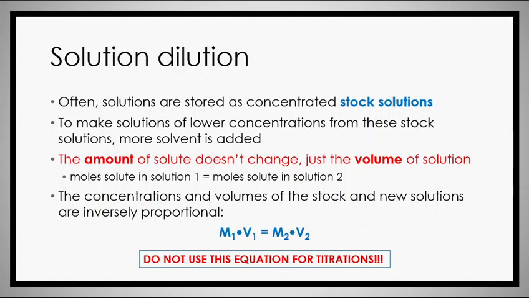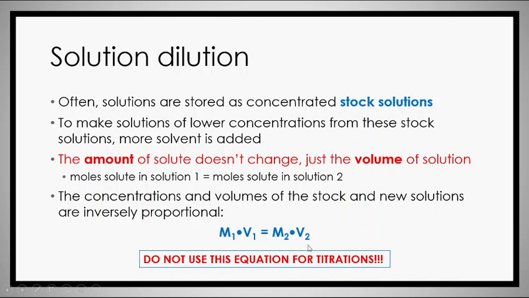They are the solutions that have most of the time the highest concentration you can have, because you can make any kind of dilution from those. But whenever you make these dilutions, remember, you're only changing the volume. You are not changing the amount of stuff that's already in that solution. And so this equation of M1V1 equals M2V2 is only for dilutions.